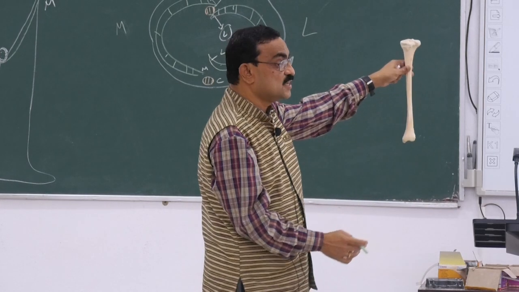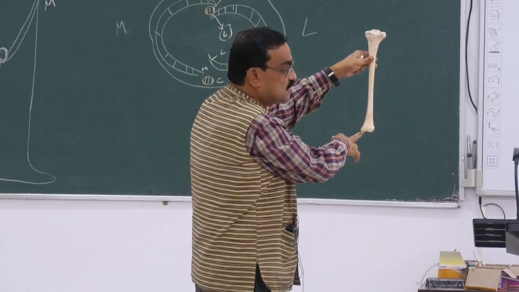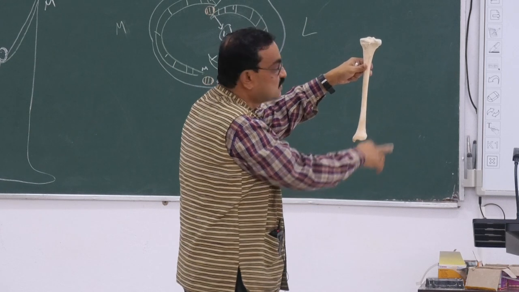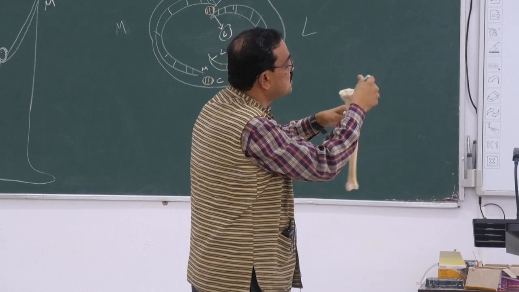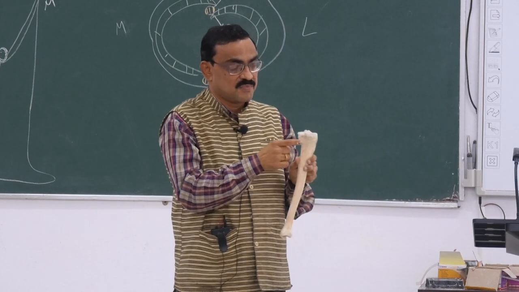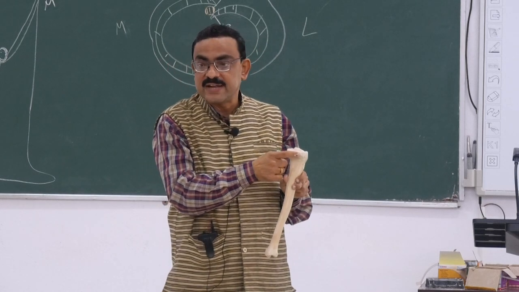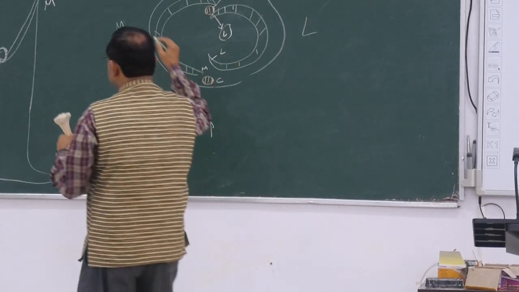This is the posterior aspect of the right tibia. This is the medial malleolus. And there is a deficiency in this area, a deficiency of the joint capsule.